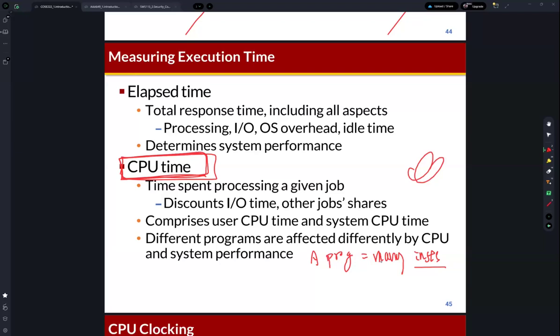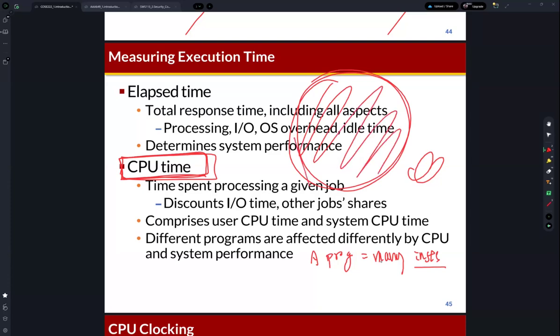A program has this amount of work, and if the CPU can execute more instructions, then we can reduce the response time, right?